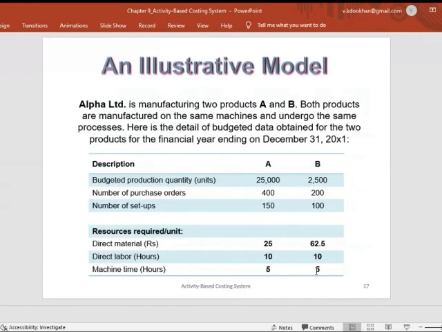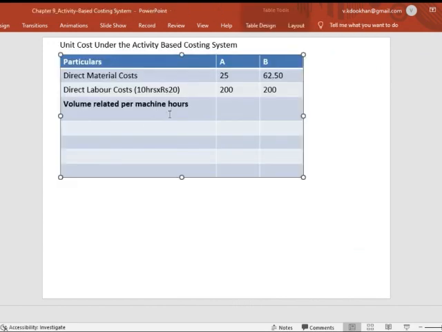Machine hours is 5 for both. So 5 hours multiplied by 2. Directly, 10 and 10.